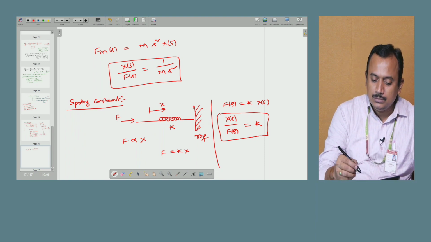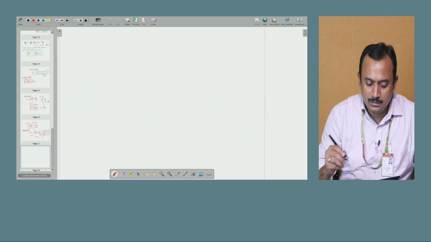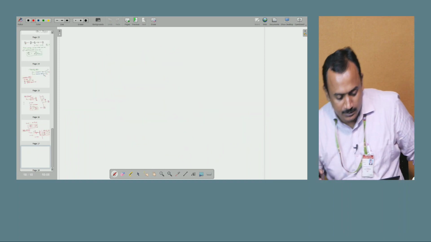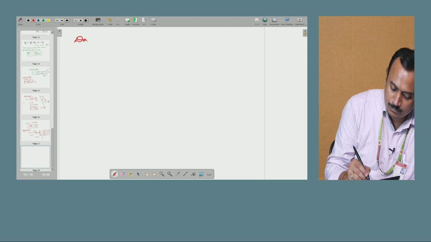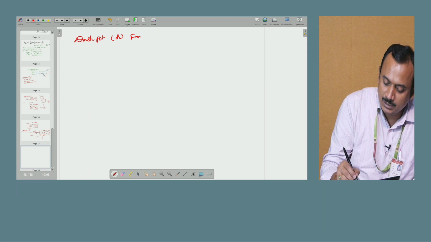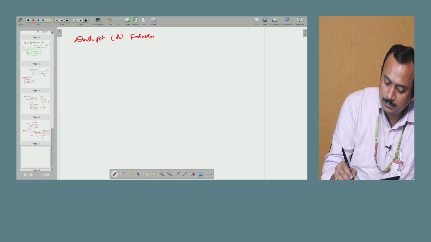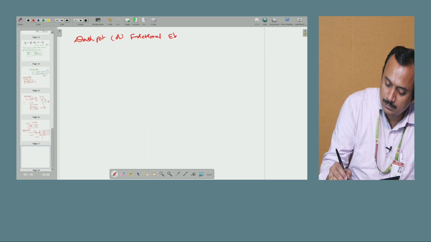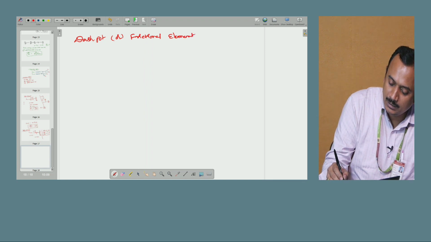Let me go to the last element, that is a dash pot. And this dash pot is also known as a frictional element.